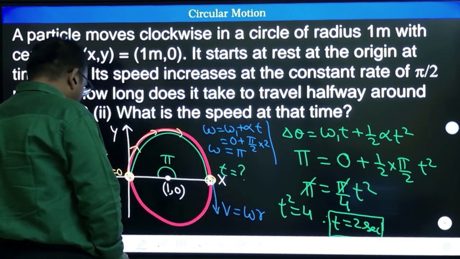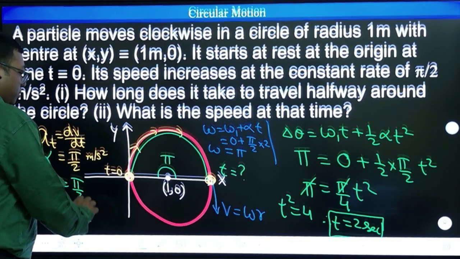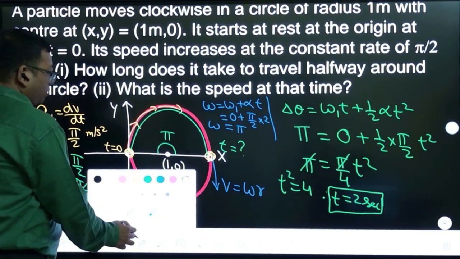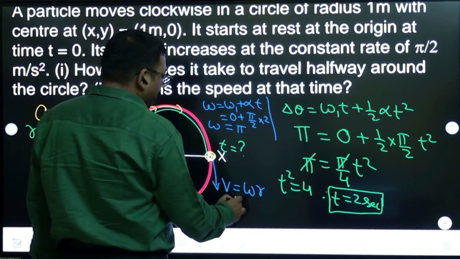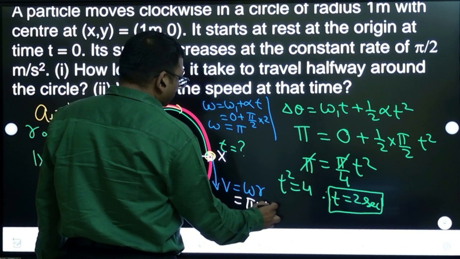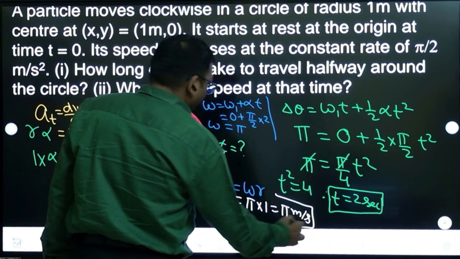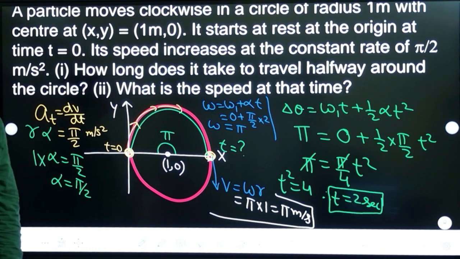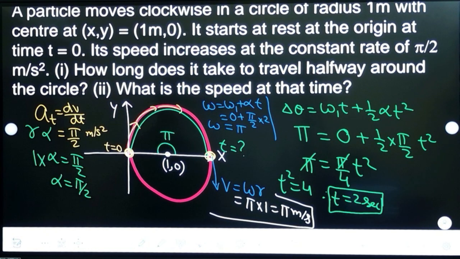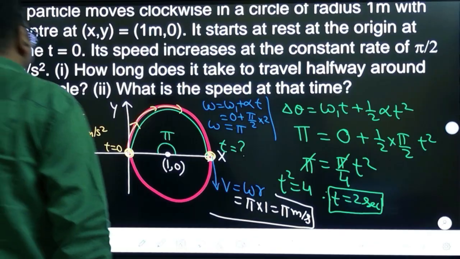So V is omega into R. Omega has become pi, radius is 1, so that becomes pi meter per second, correct? So these are very fundamental basic questions you can solve.